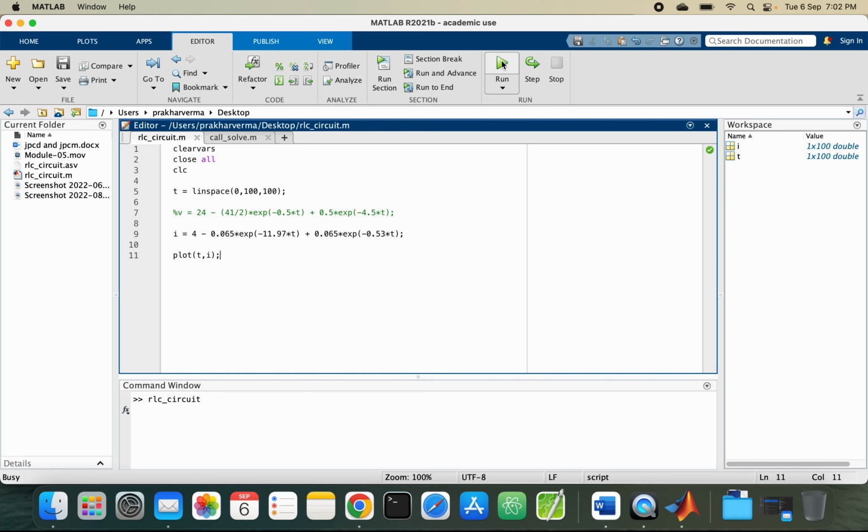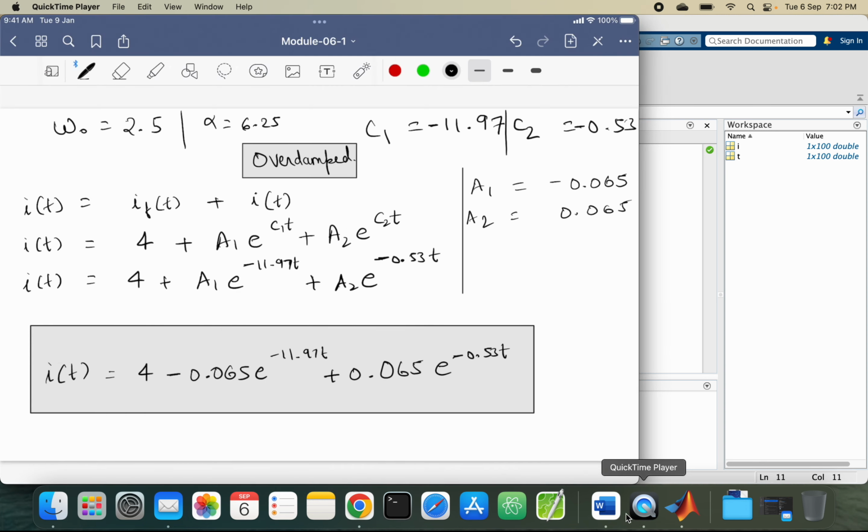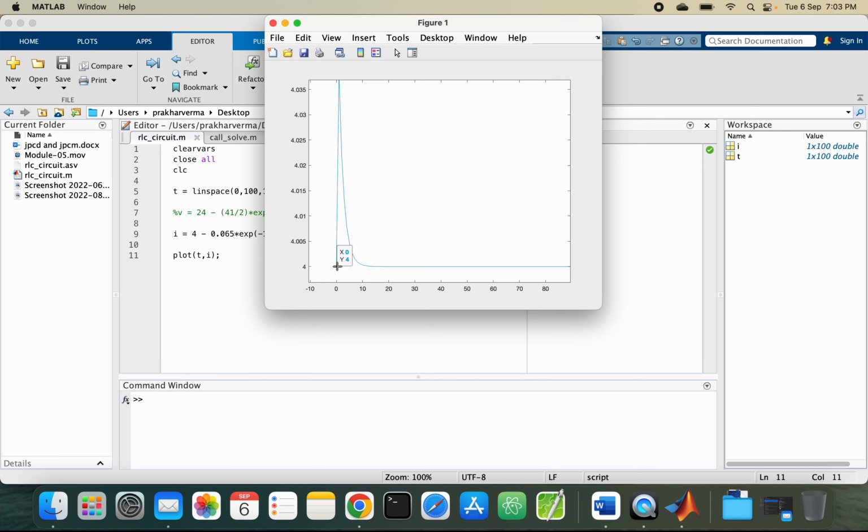Anyways, there was a power cut, but we have already plotted the curve. At time 0 we are getting 4 amperes of current, and finally the current will settle to 4 amperes.